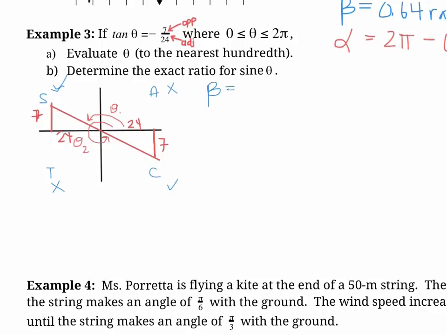So I can always find the measure of the related acute angle if I take the inverse of the positive ratio that I'm given. If you were to take tan inverse of negative 7 over 24, you're just going to get a negative radian, which there's nothing wrong with that, but we're always going to get something positive if we take the positive ratio.